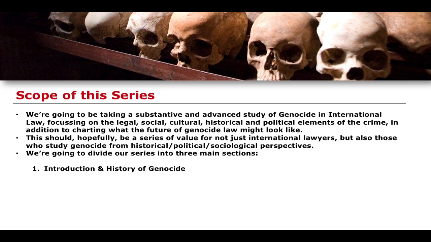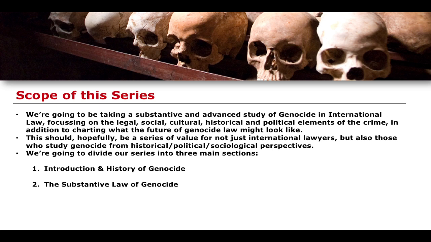And then we will talk about how the historical development takes place all the way through to the ad hoc tribunals, and then finally sits where we have it today in the International Criminal Court, as well as in the ICJ.